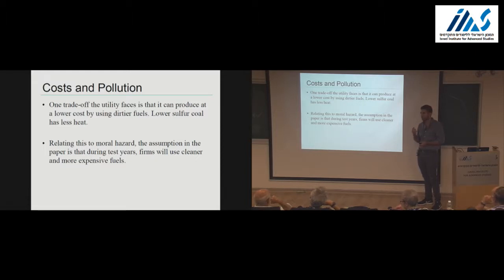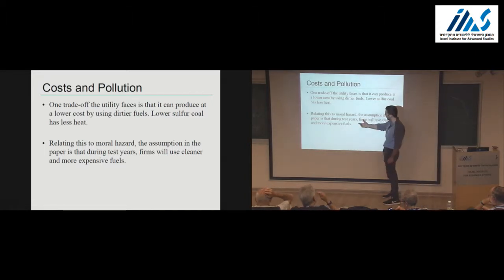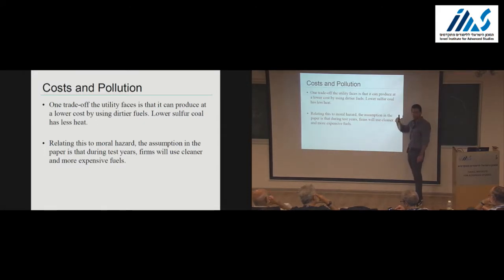It's cheaper for the firm. If the costs of extracting a certain amount of coal are the same, some coal is dirtier but has more heat content, so you can generate more power with the same amount. So the idea is that in the years right before the rate case, you're going to see firms using cleaner, more expensive fuels to drive up their operating costs.